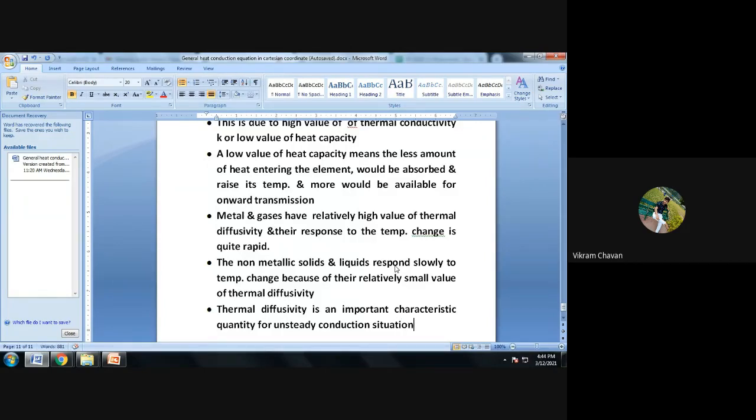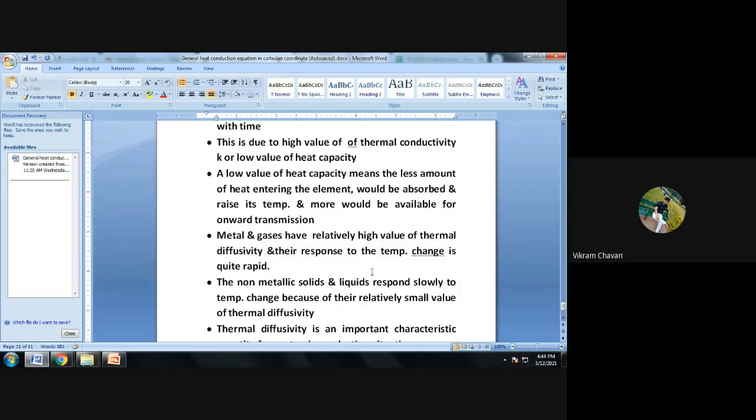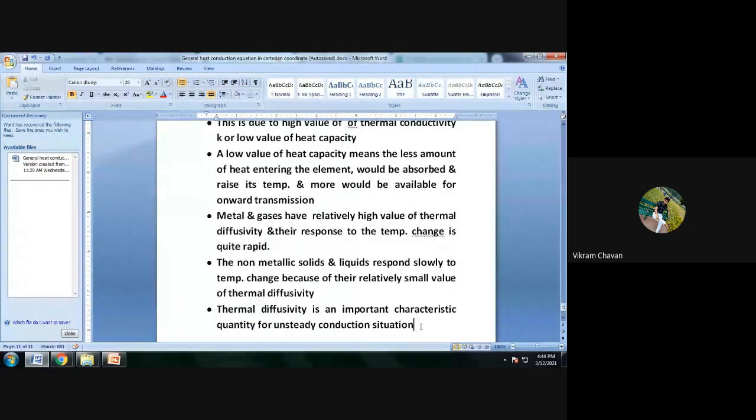Unsteady conduction situation. Getting everyone? Okay, important point, thermal diffusivity.